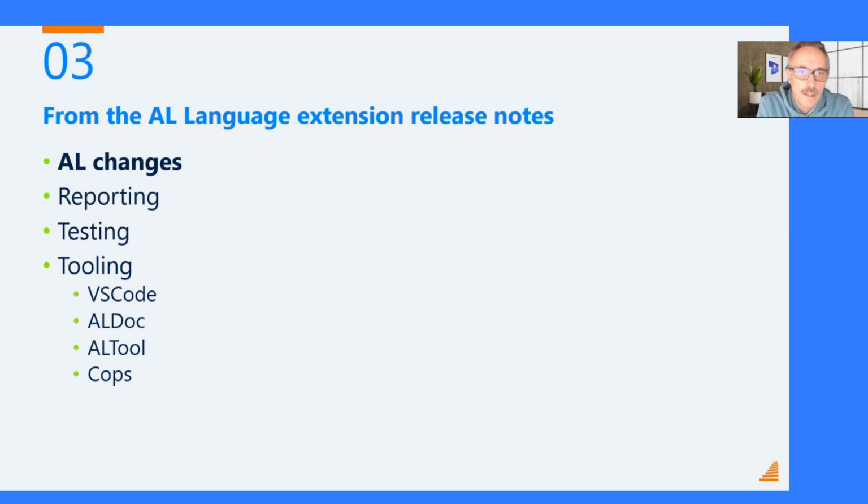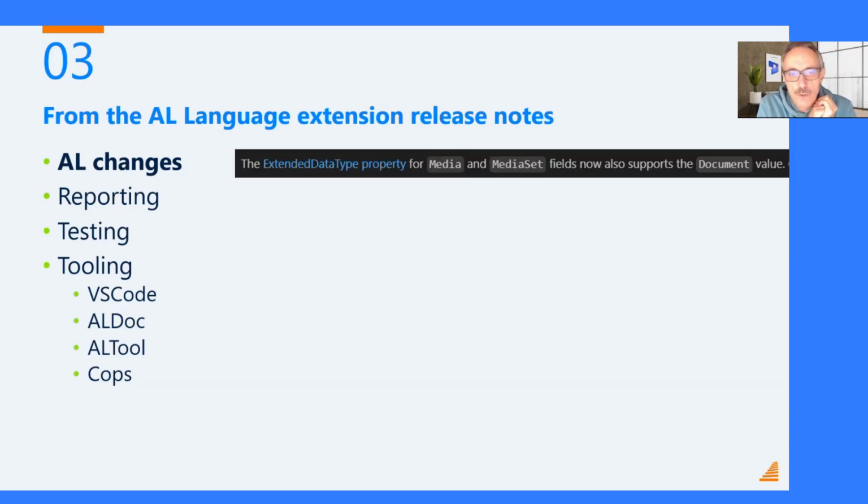Then in the release notes from the AL language extension in Visual Studio Code, there's also a lot of things mentioned there. The first one is that we have a new extended data type property for media and media set fields.